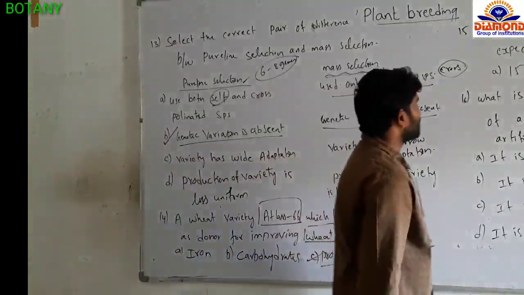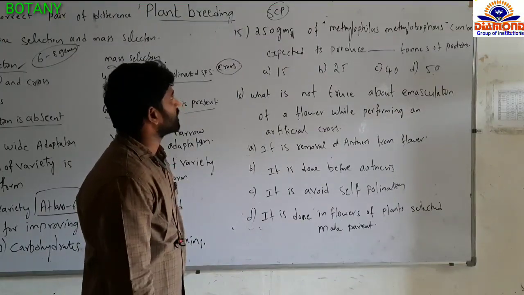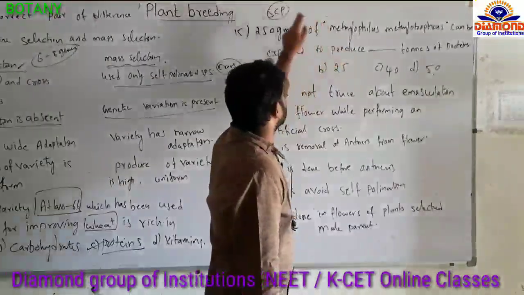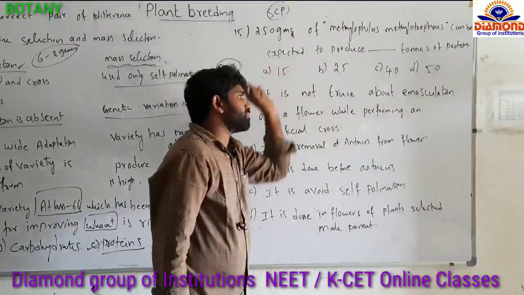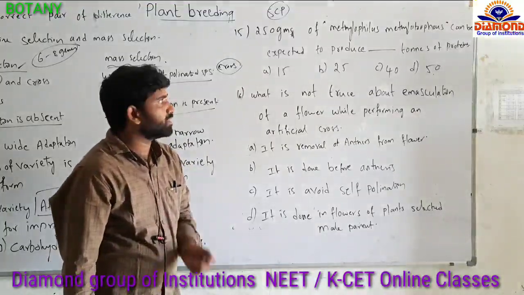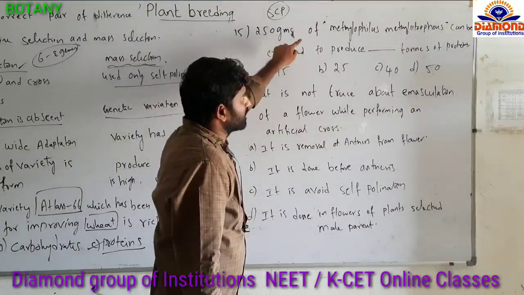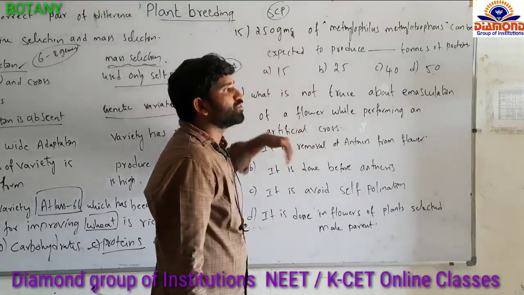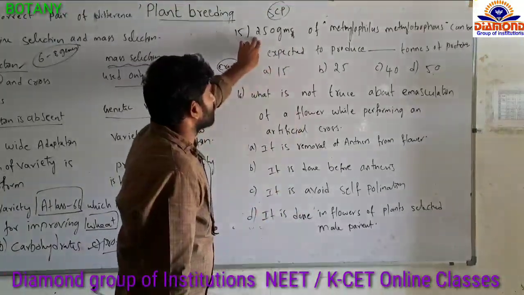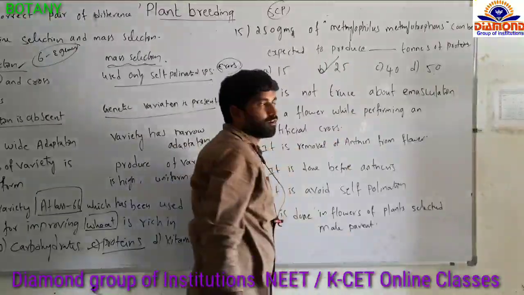And question number 15. 250 grams of Methylophilus methylotrophus can be expected to produce dash tons. Methylophilus methylotrophus bacteria are one of the SCPs. SCP, single cell protein, is an alternate source of food for human beings and animals. So 250 grams of Methylophilus methylotrophus bacteria can produce 25 tons of proteins.